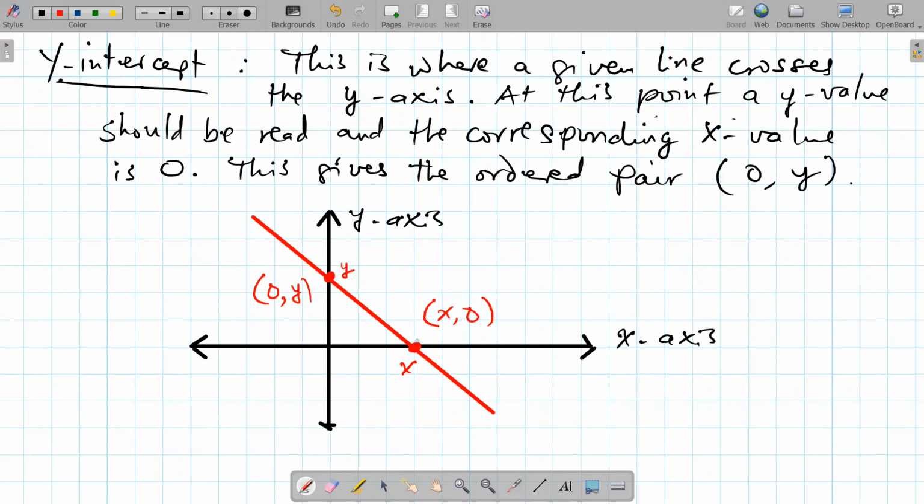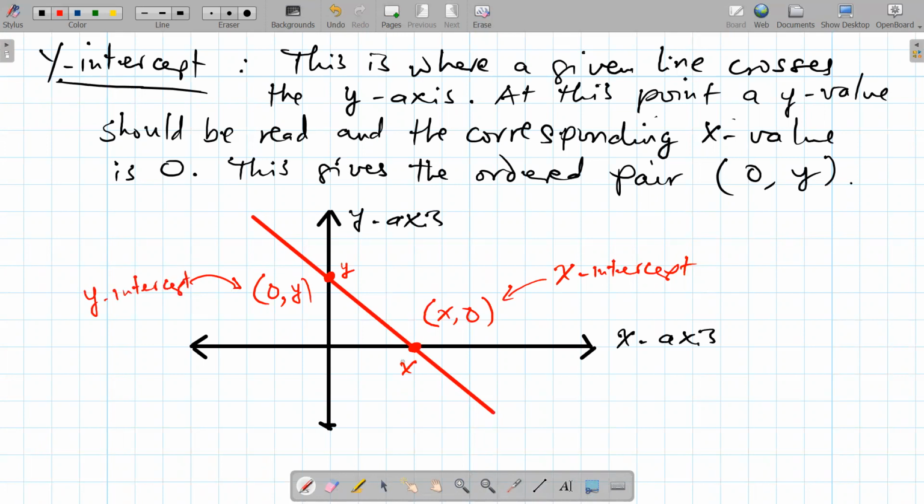So this is what we call the intercept. In this case here, this is your x-intercept. And that here is your y-intercept.